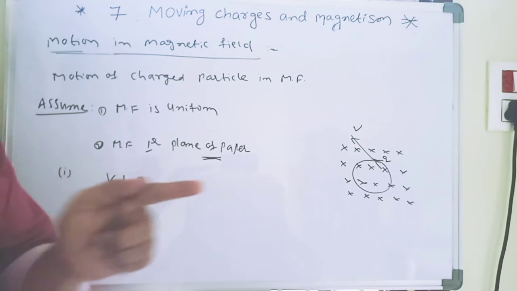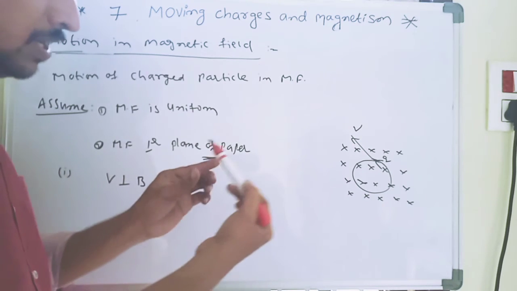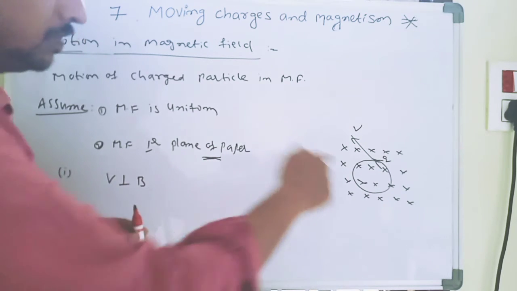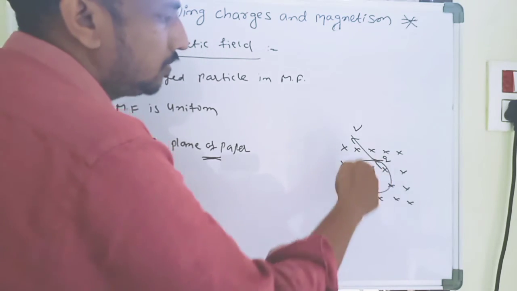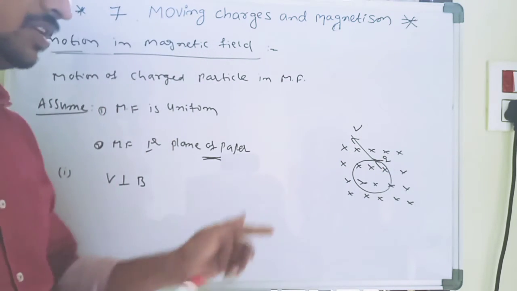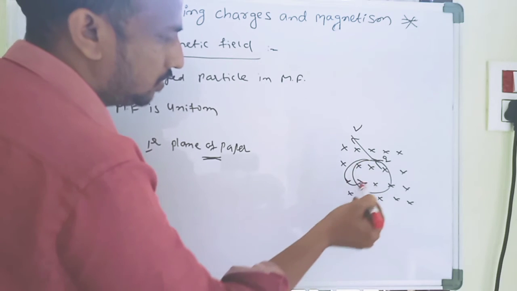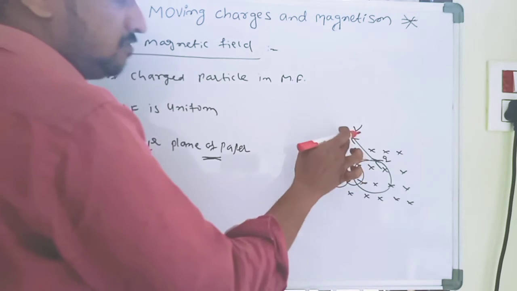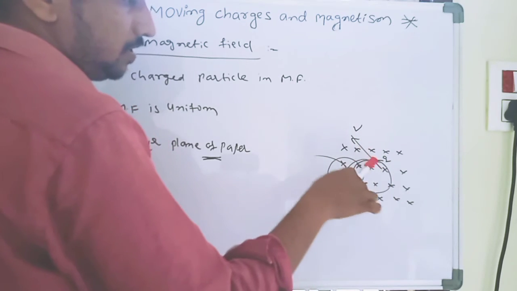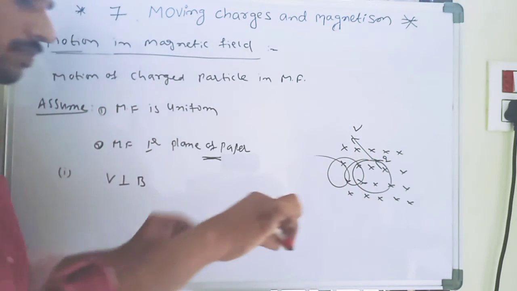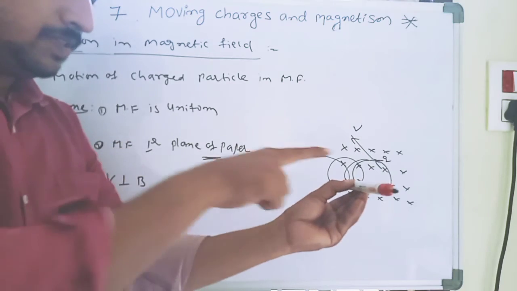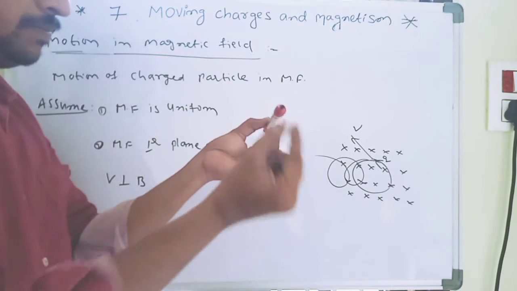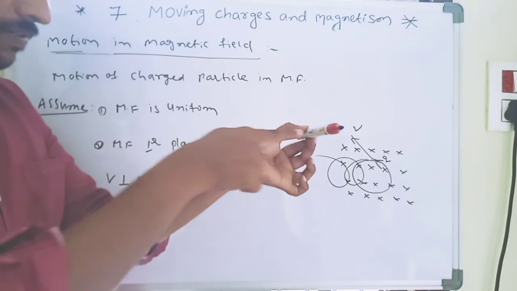The direction of the charged particle is in a circular path, helical motion, like that. Here this is V and this is B.